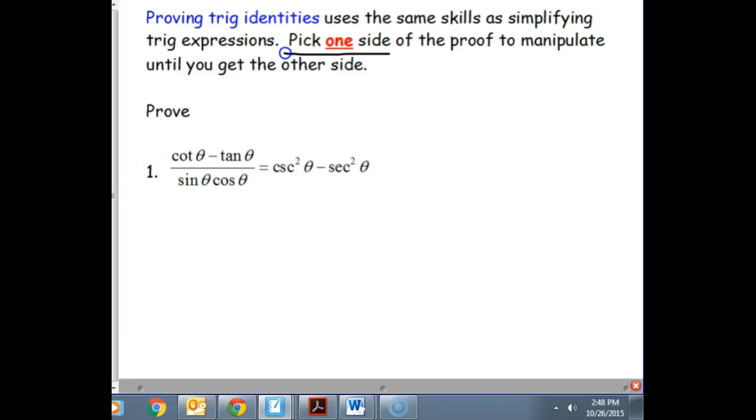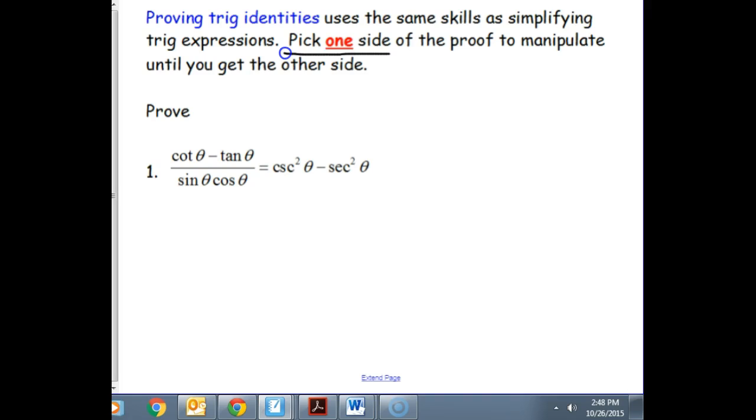Here's our first proof that we're going to kind of look at. They look like this. Notice I have something on both sides. Okay. This is going to be tricky because some people are going to choose one side, some people are going to choose the other side, okay, and they're going to have to try to work through it.